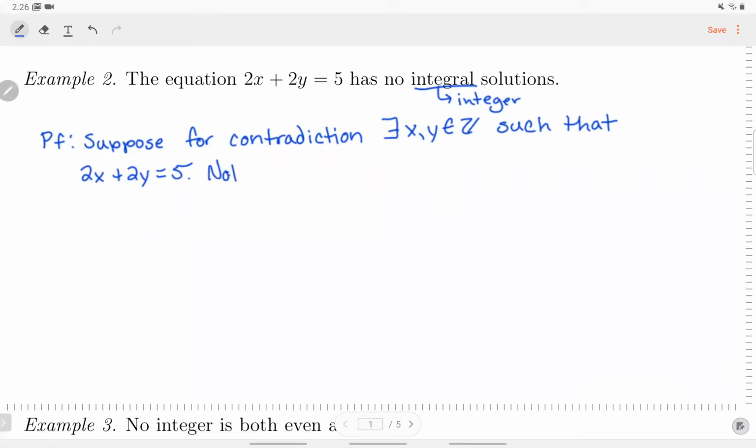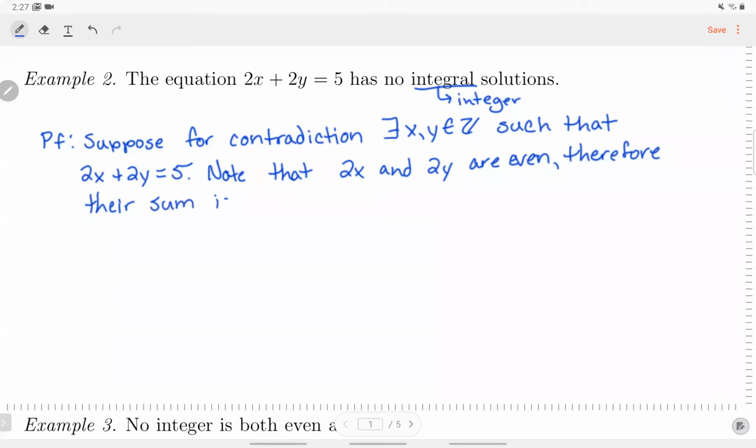Note that 2x and 2y are even. Therefore, their sum is even.